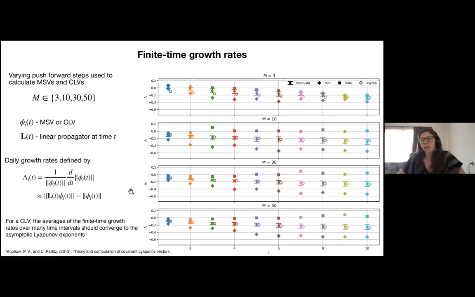We also calculated the asymptotic Lyapunov exponents just using the QR method, which we've shown here in these open circles. Since we know that the mean of those growth rates should correspond with the asymptotic, particularly for the first Lyapunov exponent, there should be no question about it. It should converge to that.